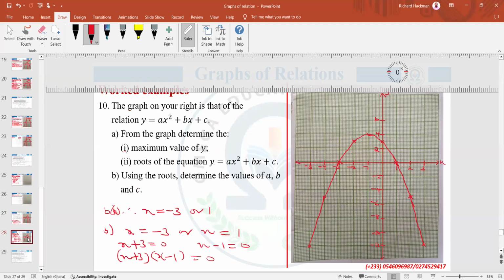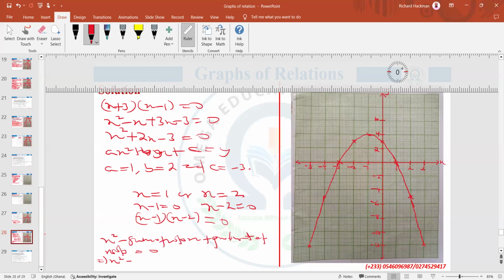Okay, that's the other approach. So the sum of roots: we said we had x is equal to minus 3 and x is equal to 1. So if you sum, we are going to get minus 3 plus 1 times x, then plus the product, which will be minus 3 times positive 1, is equal to 0. So that will give us x squared.